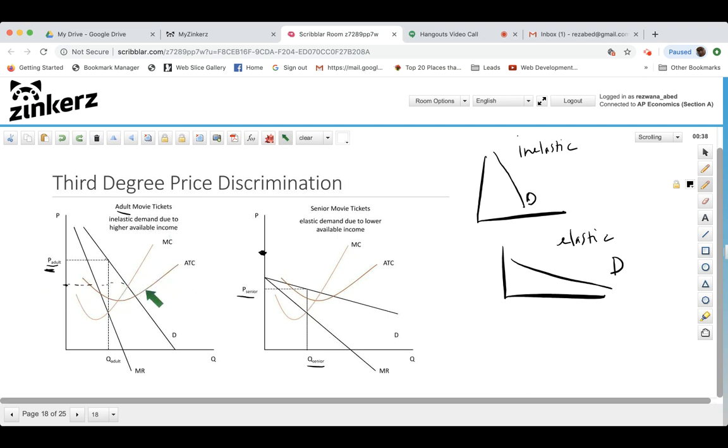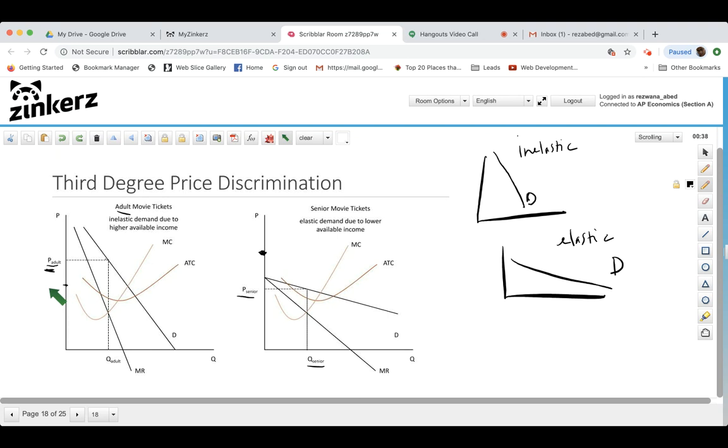Because the marginal cost is not changing and the marginal revenue is not changing, the quantity is the same. It's just that you're setting the price at a lower level. And if you did that, you're essentially going to be reducing your profit.